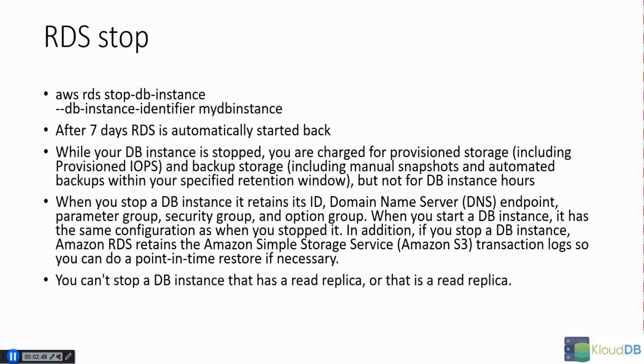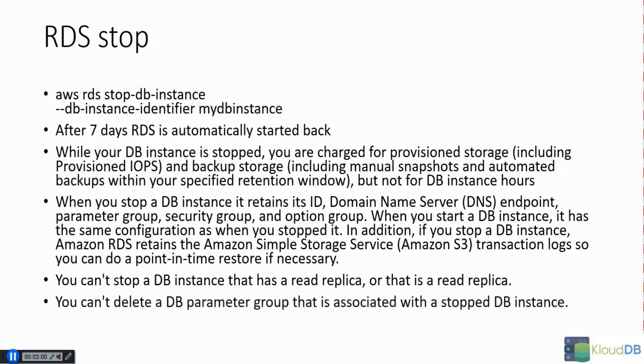One thing to note is, if you stop a DB instance that has a read replica, or that is one, it is not allowed. So stopping a read replica or an instance with read replicas is not allowed. You can't delete a DB parameter group that is directly associated with a stopped DB instance.